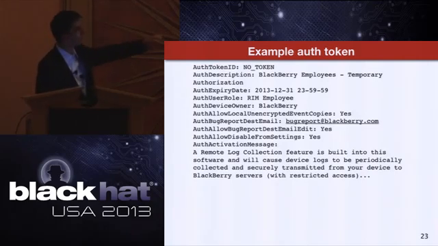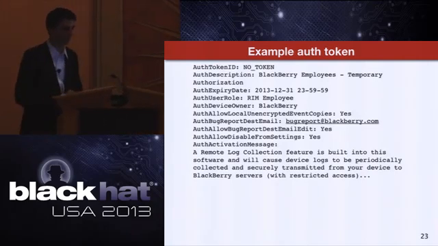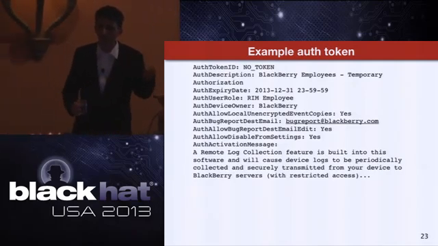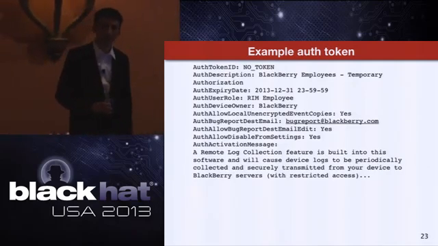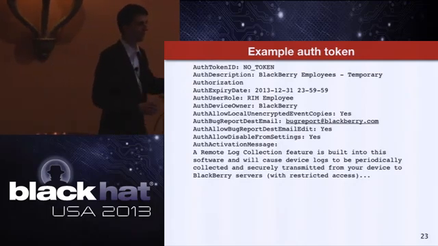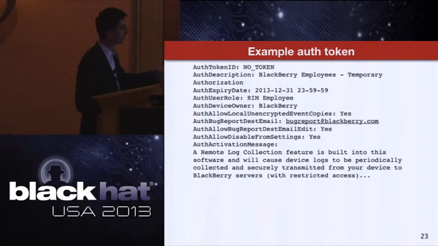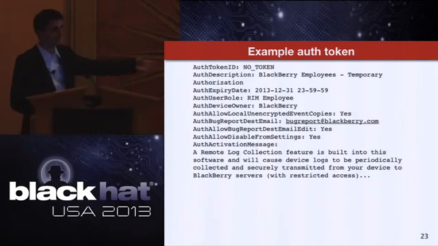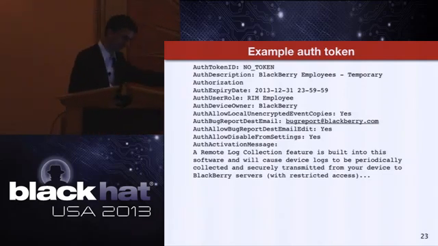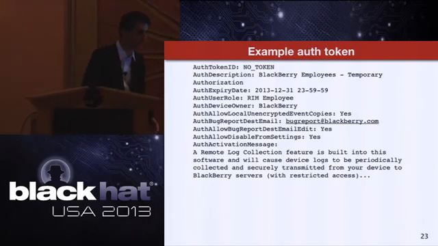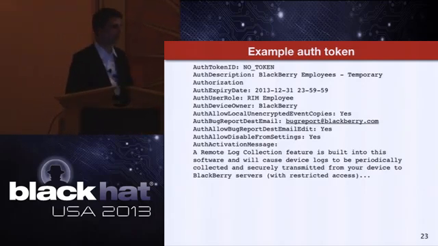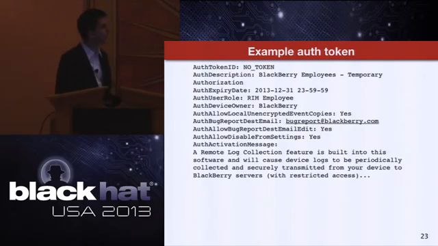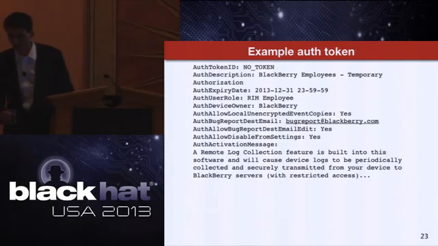They have a field called auth activation message, which is very nice because that way they inform the user that this is being performed on them. However, this is not something that will be displayed in general. This is something that is set in the token. So if I want to enable this without displaying the message, then I can just send a token like this to the user, and no message will be shown.